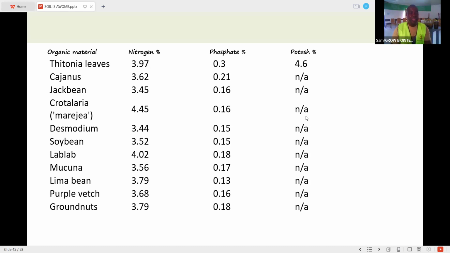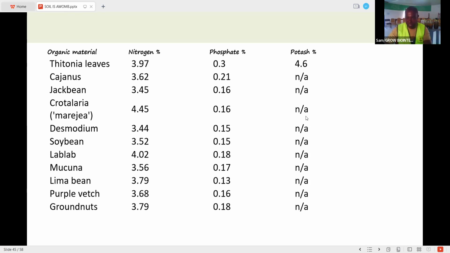Pigeon peas, when it's still tender and has not flowered, contains 3.62% of nitrogen. Jack bean, crotalaria, look at all that. Desmodium, soybeans. So if you are able to grow these crops, and we are looking for nitrogen, those are the crops to grow, because they hold and fix big amounts of nitrogen in our soils.